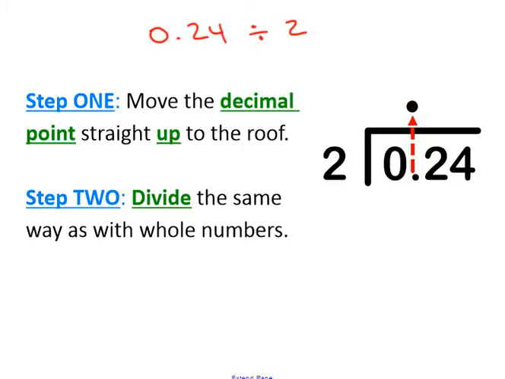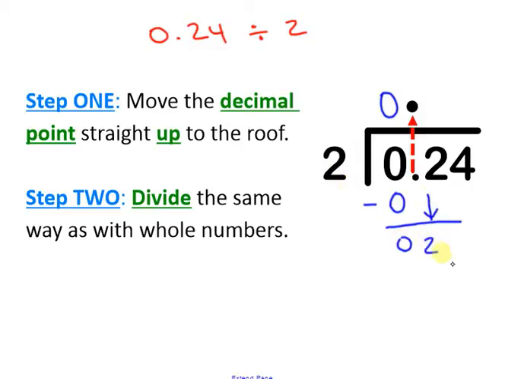Once you do that, the rest of the problem operates the exact same way as dividing a whole number by a whole number. So watch carefully. How many times does 2 go into 0? 0. 0 times 2 is 0. Now we subtract. 0 minus 0 is 0. Bring down the 2.